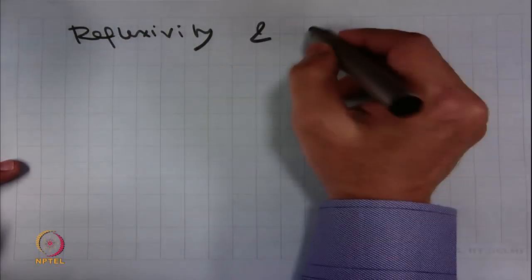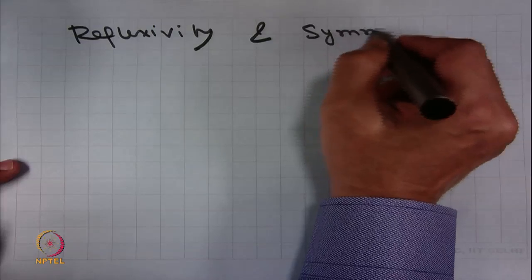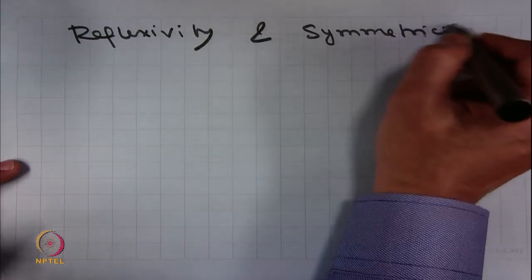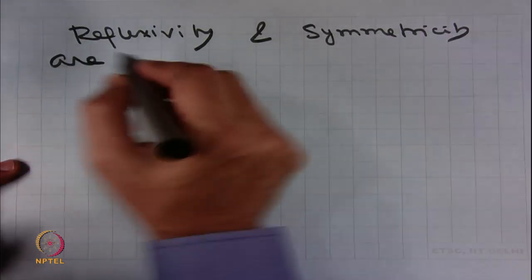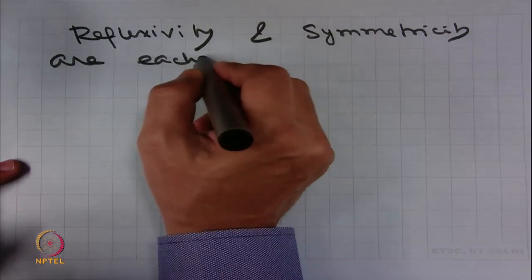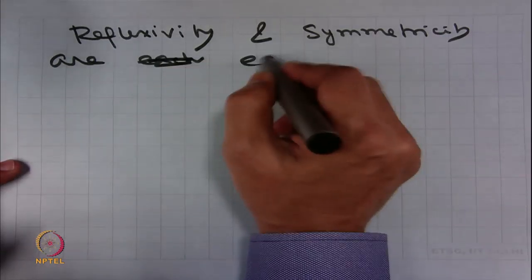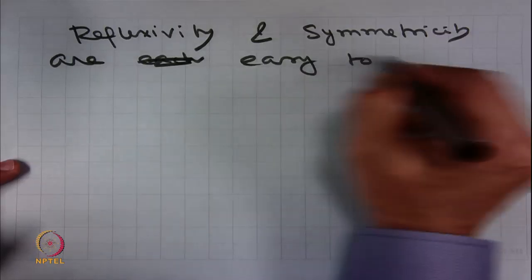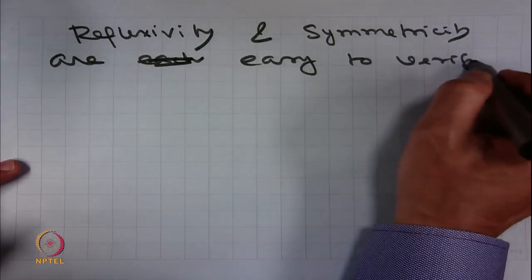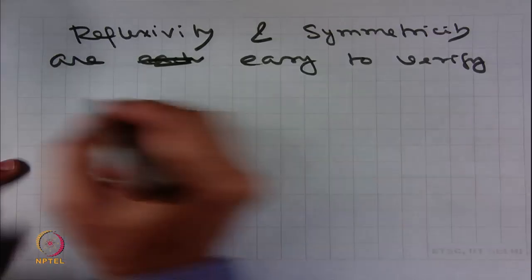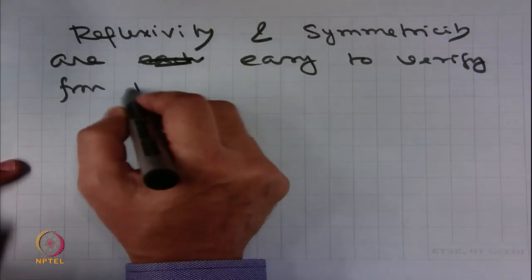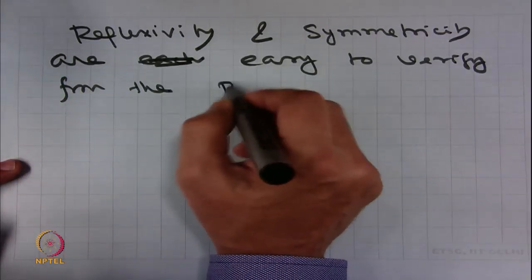Now, reflexivity and symmetricity are easy to verify from the relation matrix.